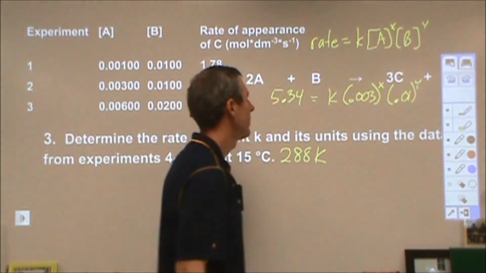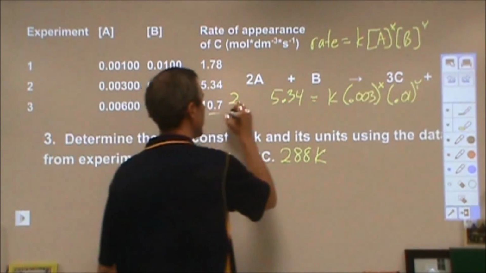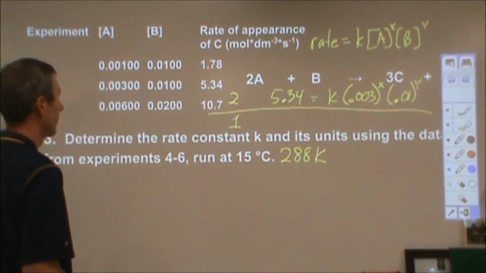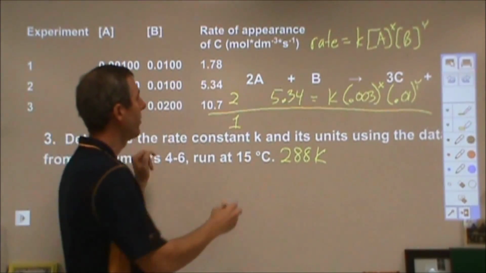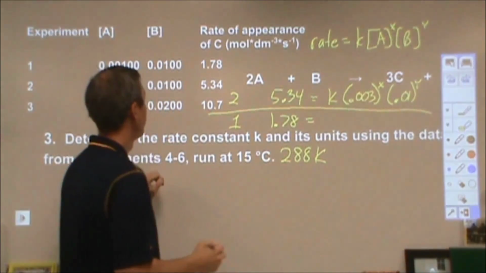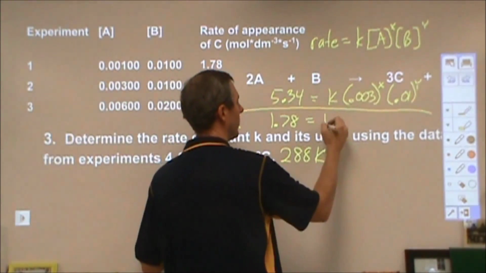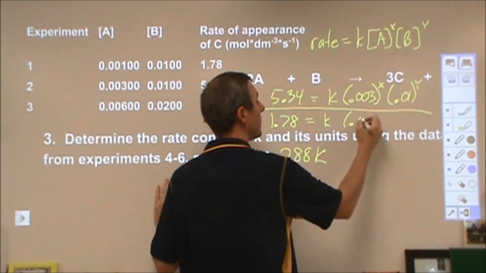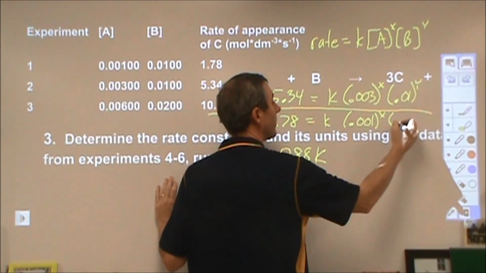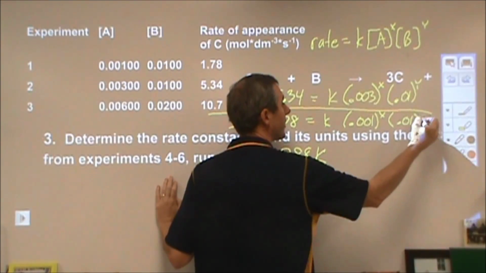So I'm leaving off the zeros there too. I'm going to take that and divide the entire thing by a different experiment, experiment 1. In experiment 1, my rate is 1.78. My rate constant is still K. But my concentration of A is now 0.001. And my concentration of B is the same.